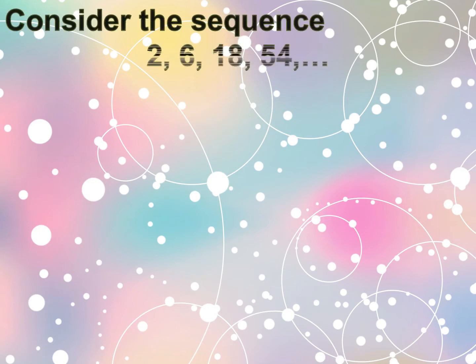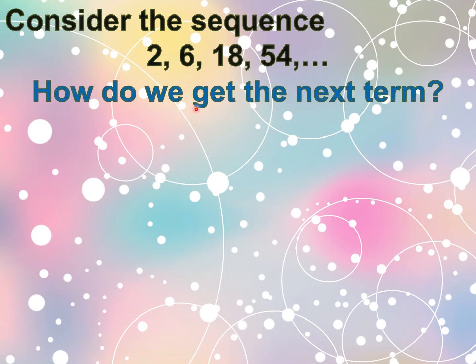Let's consider the sequence 2, 6, 18, 54, and so on. How do we get the next term in this sequence? To get the next term of this sequence, we need to check the common ratio. 6 divided by 2 is 3. 18 divided by 6 is also 3. 54 divided by 18 is also 3.